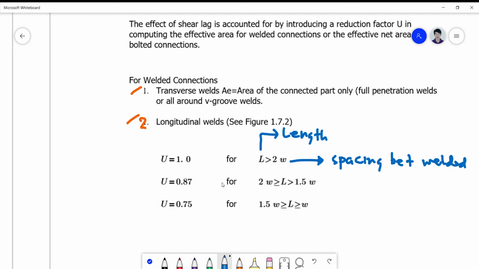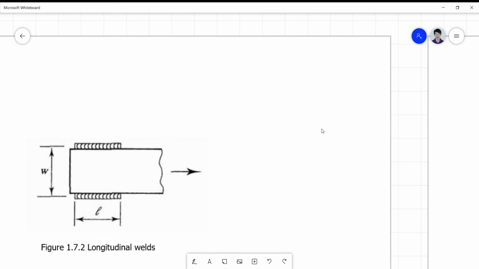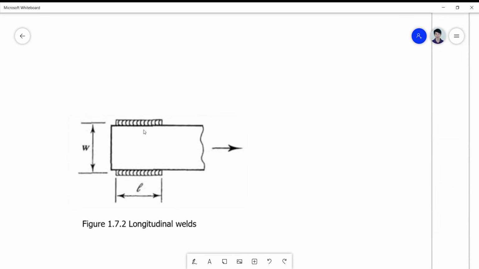If I have my figure on the longitudinal weld, this is the length of the weld and this is the spacing of the weld.